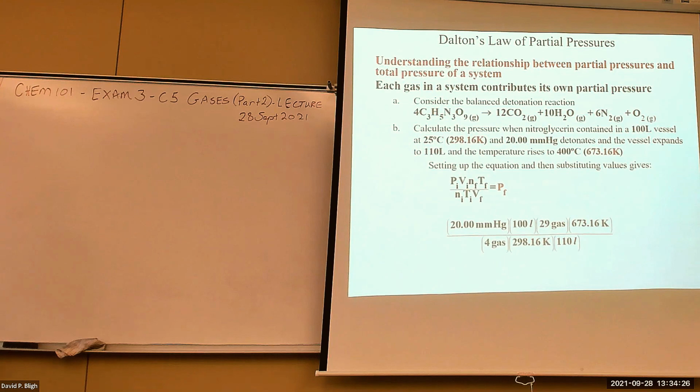Okay. So in order to do this, we don't need to know what mass of this we put in there. Right? All we need to know is these conditions of the gas. And we can calculate that the pressure went from 20 to 297 millimeters of mercury.